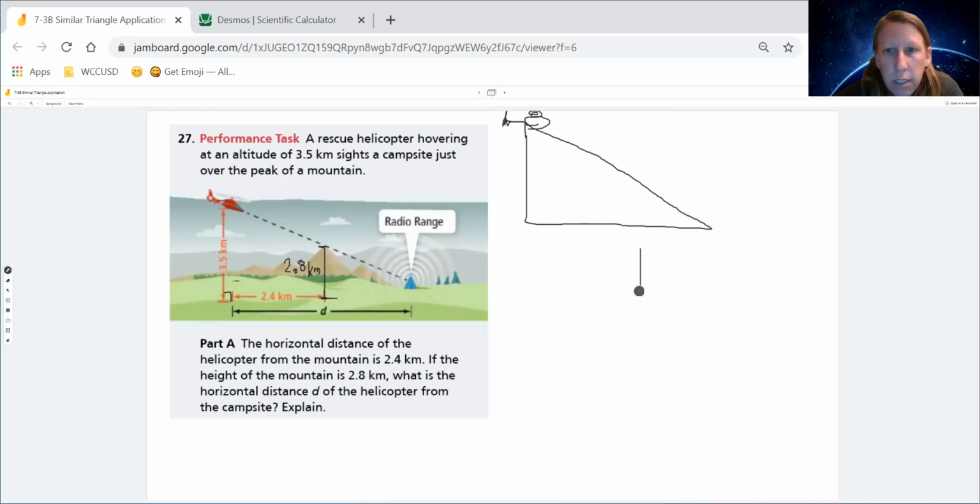So this is the mountain. Now for this one, we have the right angles, and it's essentially an overlapping triangle, right? So this angle and this angle are the same.